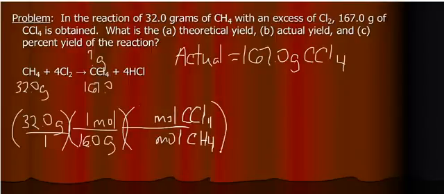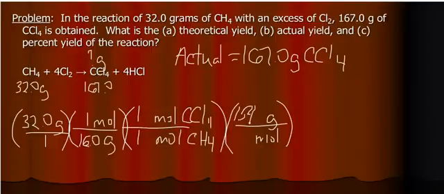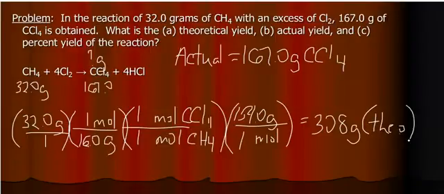And the mole ratio is 1:1. Once I get to moles, go back to grams, and this will be my theoretical yield. The molar mass of CCl4, 154. So my theoretical yield is 308 grams. That's how much could theoretically be produced from 32 grams of CH4.